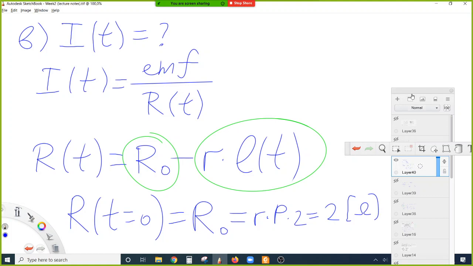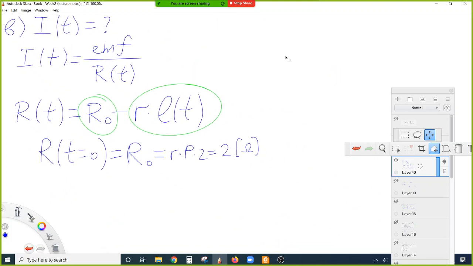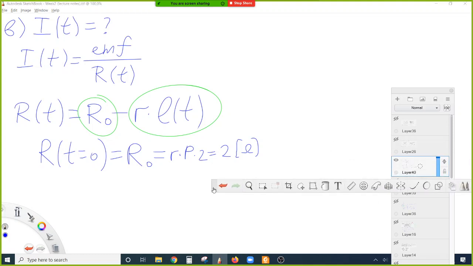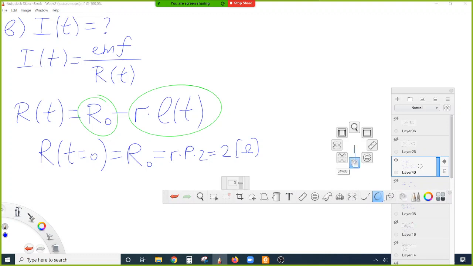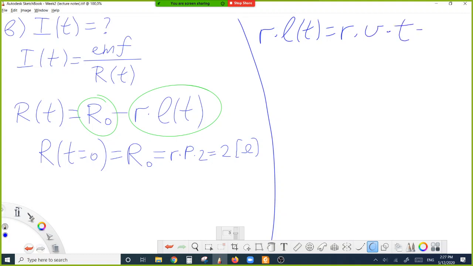Okay. Now let's compute R multiplied by L(t), the change of resistance with respect to time. R multiplied by L(t) is equal to R multiplied by V times time t.